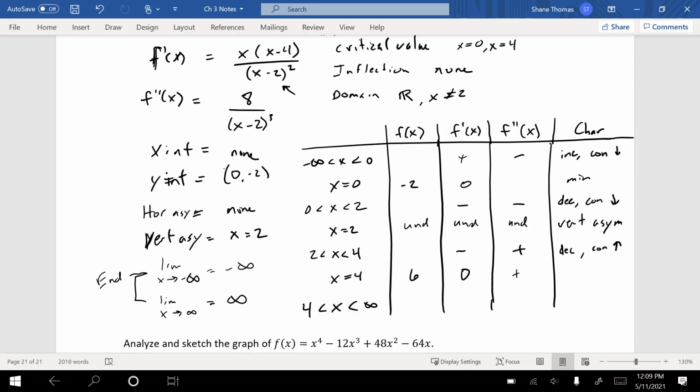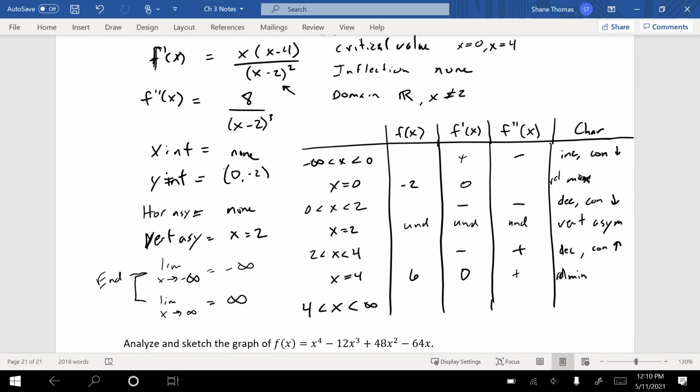So therefore, it would be a relative min here. All right. Actually, I made a mistake. This should be a relative max up here. Relative max, relative min.